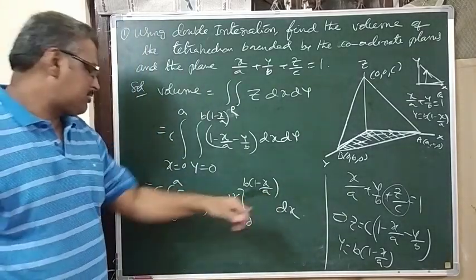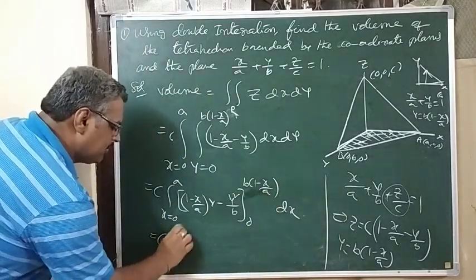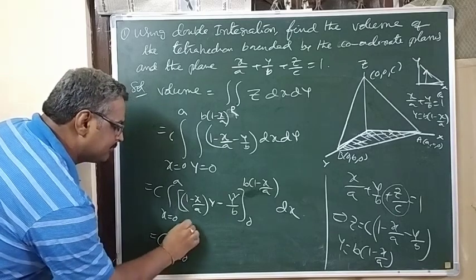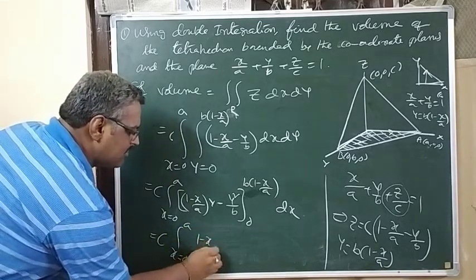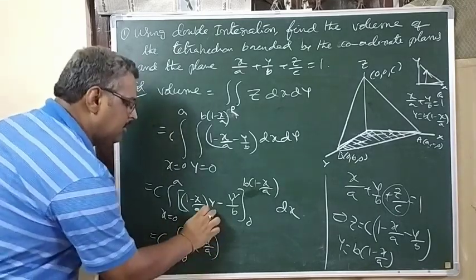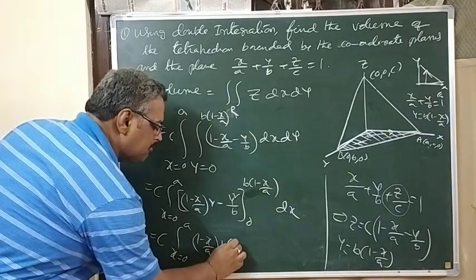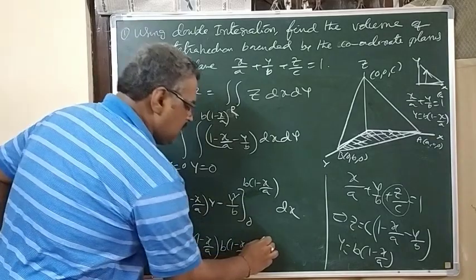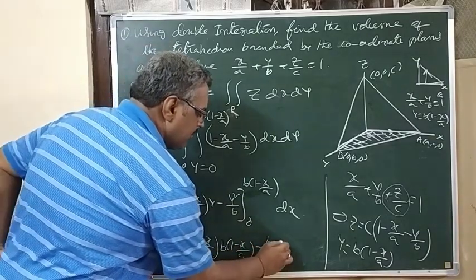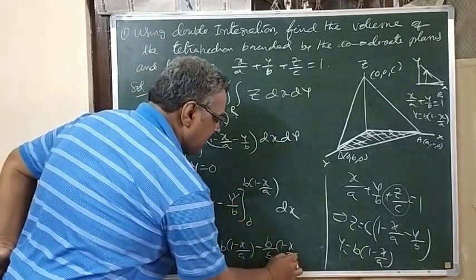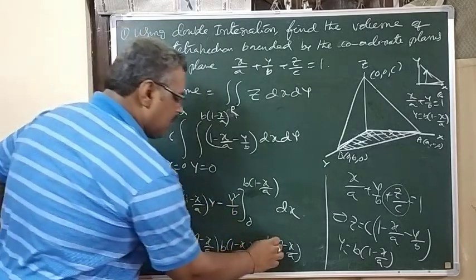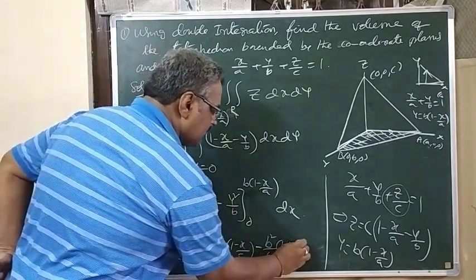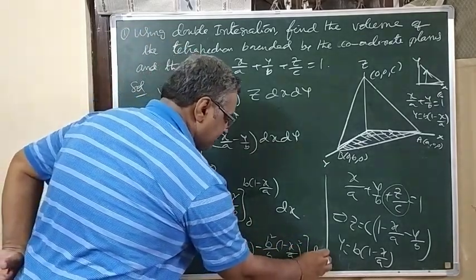Now substitute the limits. c into the integral of x from 0 to a, 1 minus x by a into b into 1 minus x by a, minus b by 2 times 1 minus x by a, the whole square, dx.